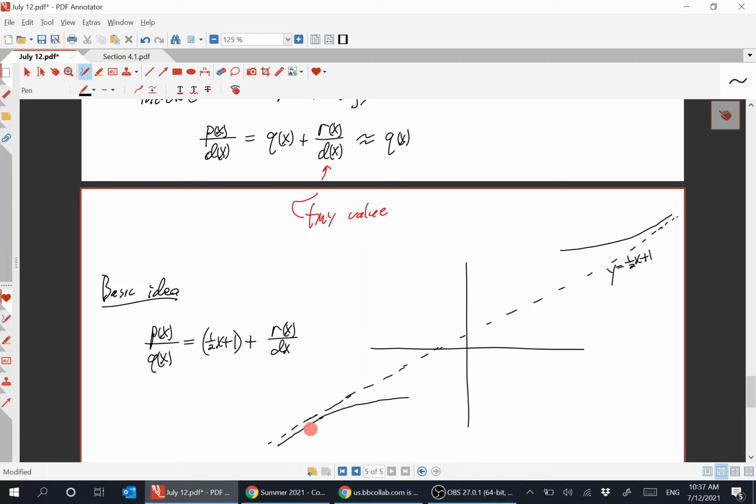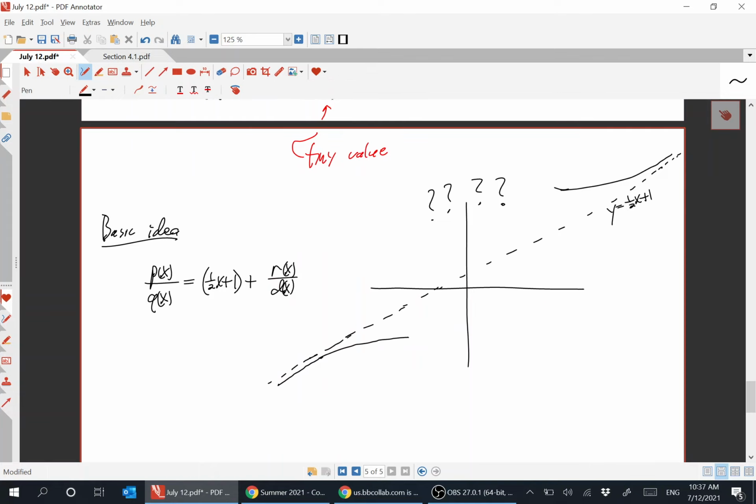The difference between the rational function and that line is not that much. What's happening in the middle? Well, we're not sure. There's going to be some vertical asymptotes and some local maximums and minimums. But as you go off towards infinity, it looks just like that line.